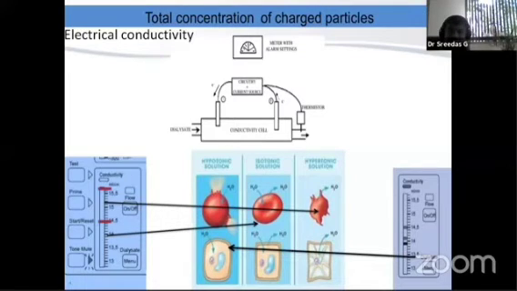In a hypertonic solution, the RBCs will shrink and desiccate, as you can see here. The other way around, if the conductivity is low, the solution is hypotonic, so the cells will swell up and burst, causing hemolysis. So conductivity is very important, and so is the monitoring of conductivity as well as alarms.